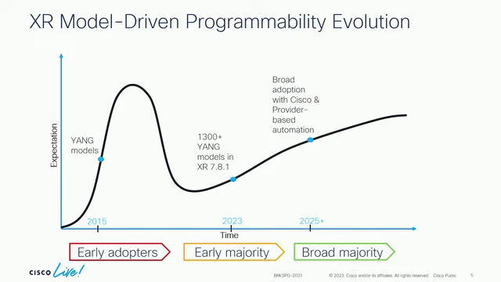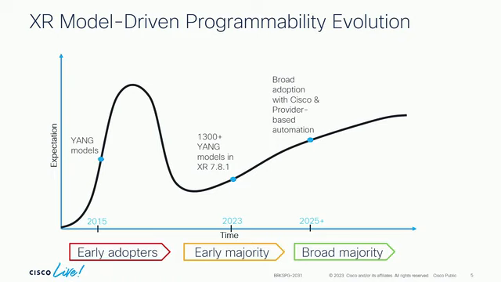I would say we are moving to the early majority as of right now, because more and more customers of our products start to use some kind of automation, homegrown scripting, or solutions from vendors in order to automate networks using a model-driven approach, and very slowly convergence is happening away from CLI.